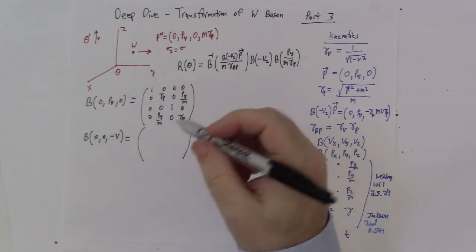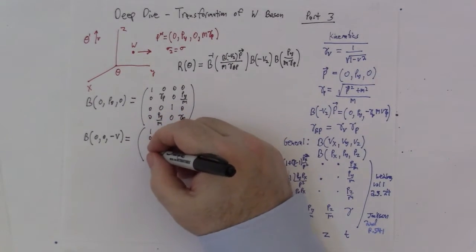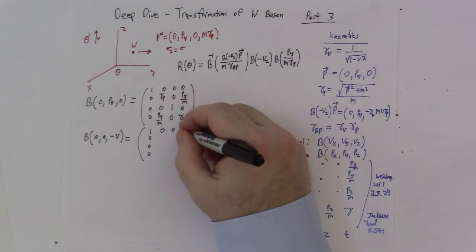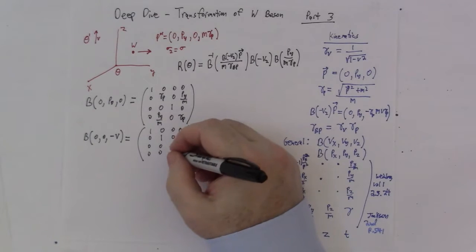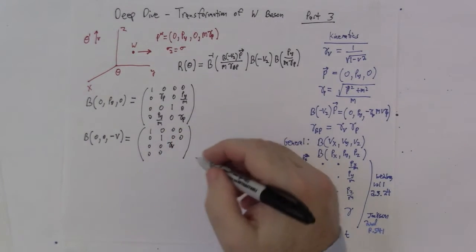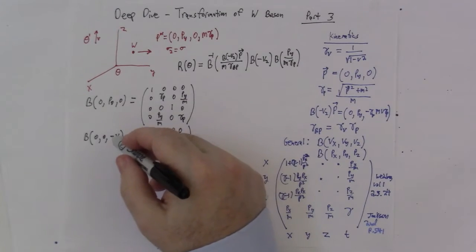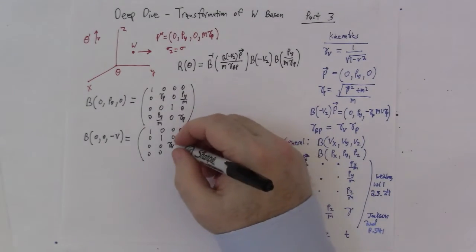And here it's a z component, so you're going to have t and z's are not zero. Remember, you got to use the gamma appropriate to the velocity in the transformation. Here it's gamma v, here it's gamma p.